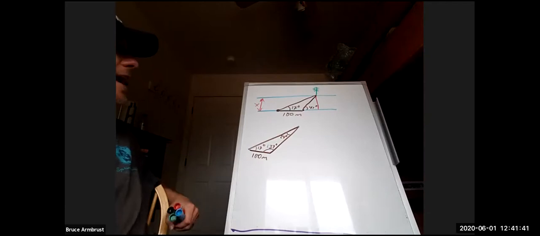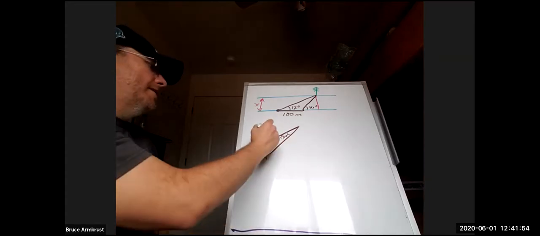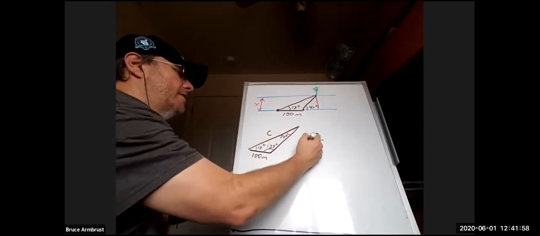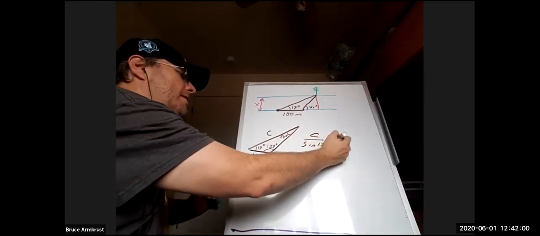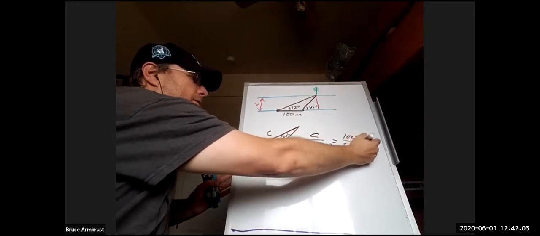So we now have all three angles. We also have a side, which means we can use the law of sines. It doesn't really matter which one I find, so I'm going to find this one. Let's call it C. So I'm going to have C over the sine of 139 equal 100 over the sine of 24.